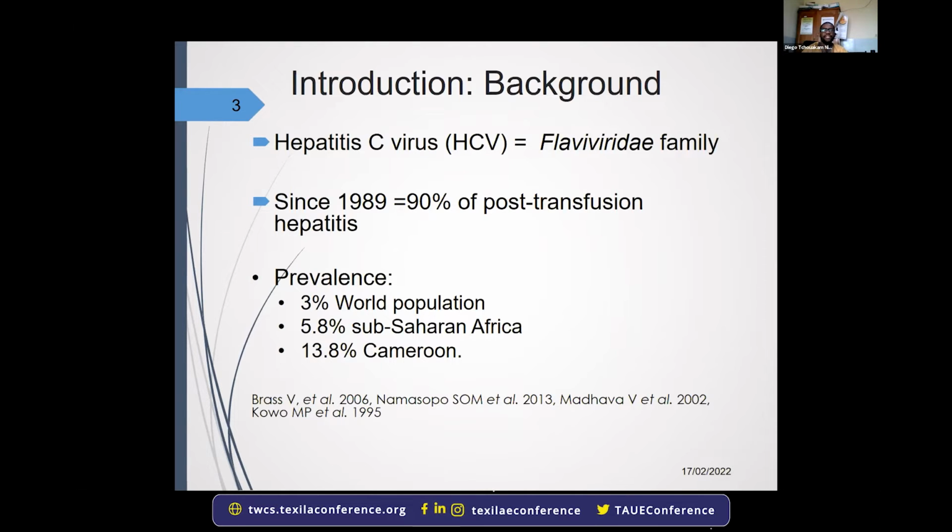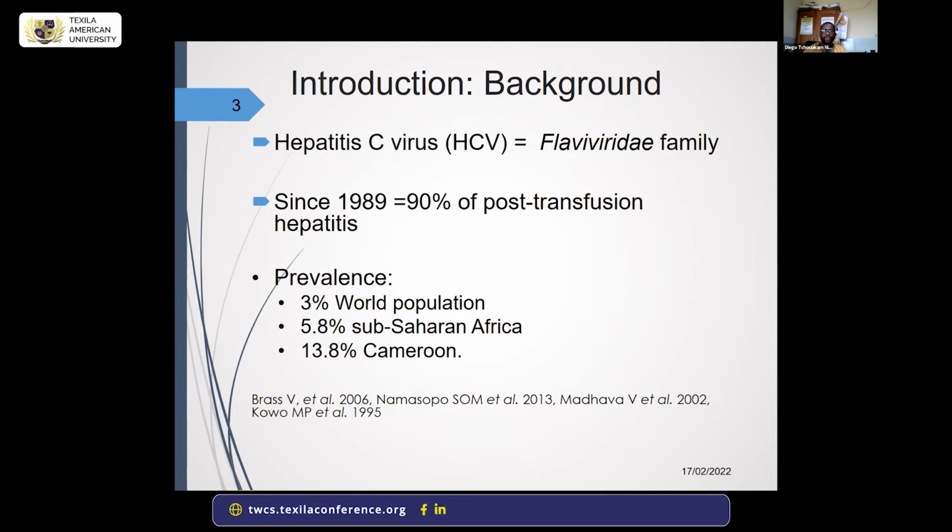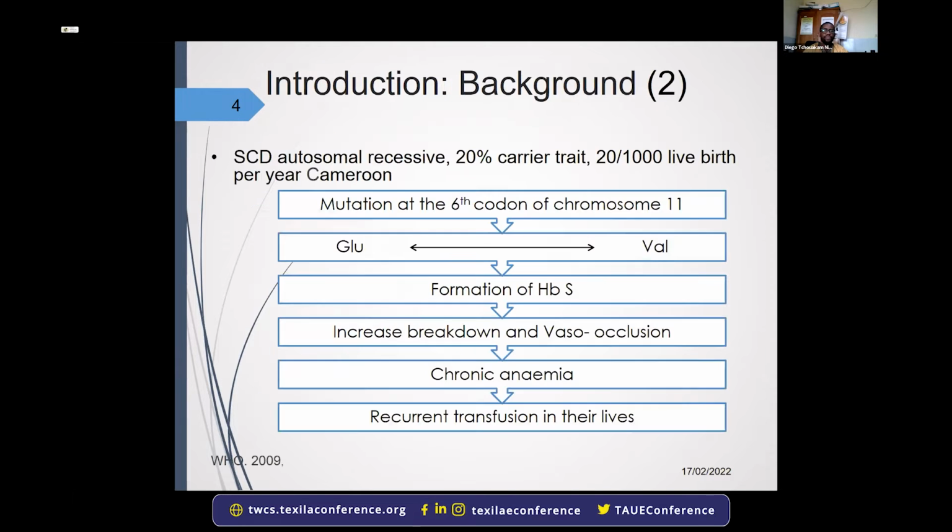The prevalence is 3% worldwide in the general population, around 5.8% in sub-Saharan Africa, and in Cameroon around 13.8% from the literature review we did.